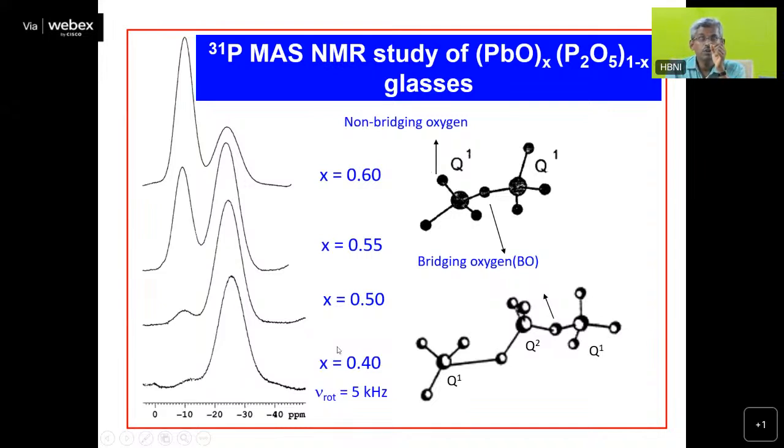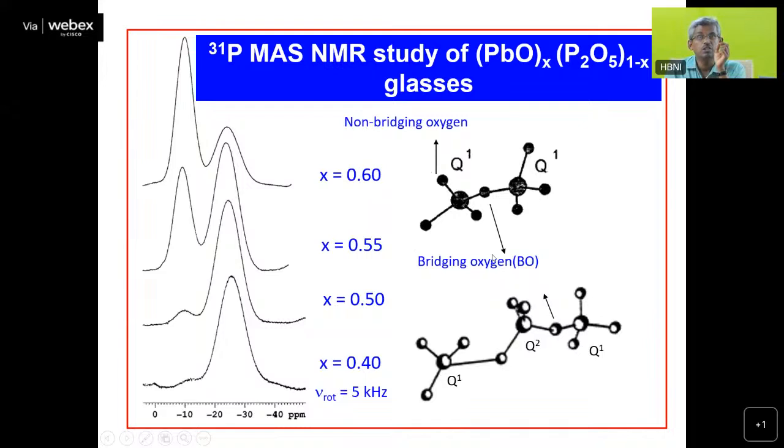So in this case, for example, if you see the 40% PbO containing sample, we have only circular chains of metaphosphate structure. We have only Q2 structural units. But the moment you go to 60% lead, we have got Q2 also, and Q1 also.